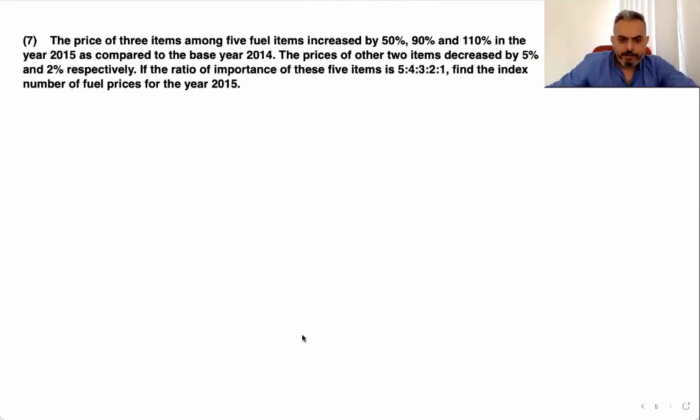D. Question number 7. The price of 3 items among 5 fuel items increased by 50%, 90%, 110% in the year 2015. We have done this in the class.